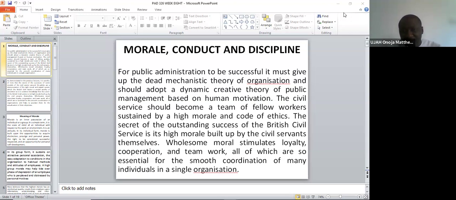Like I said earlier on, and judging from the first theory that we looked at, which is the scientific management theory of Frederick Taylor, that treated the worker as a machine or a tool within the system that should be directed towards productivity alone, we saw also within that theory that the individual did not have the free will to operate, and that was not productive enough.